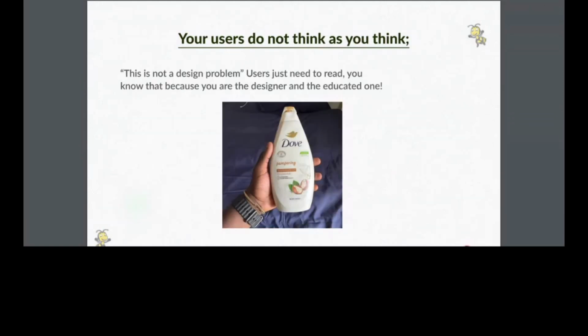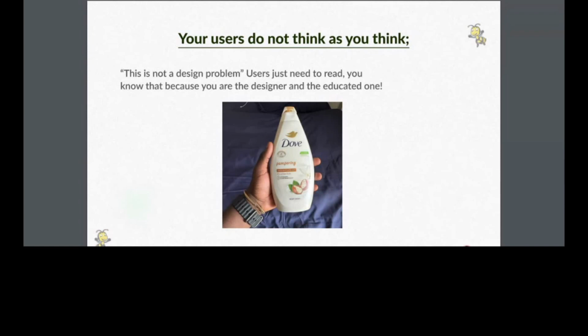Your users do not think as you think. You'd also recall this example. Now, this particular image caused a kind of controversy because a lot of persons felt like you should know this was a body wash. You should be able to read that this was a body wash.